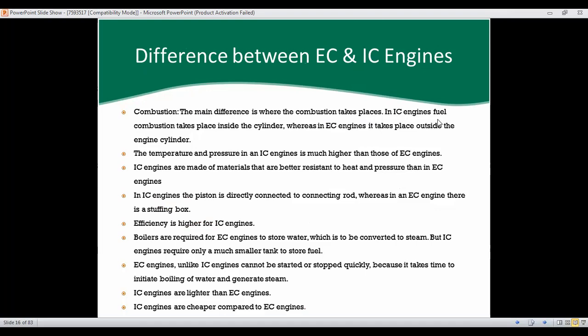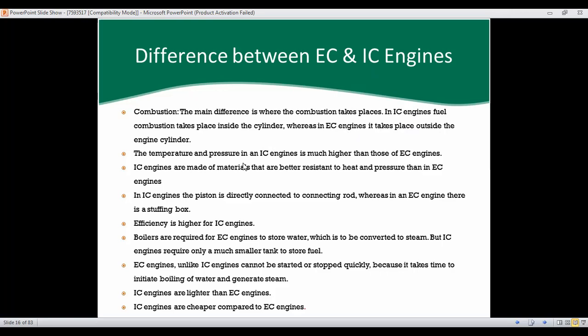In an IC engine, fuel combustion takes place inside the cylinder chamber, whereas in the EC engine it takes place outside the engine cylinder. EC is external combustion engine, and IC is internal combustion engine. So the first difference is in the name itself, internal combustion and external combustion.